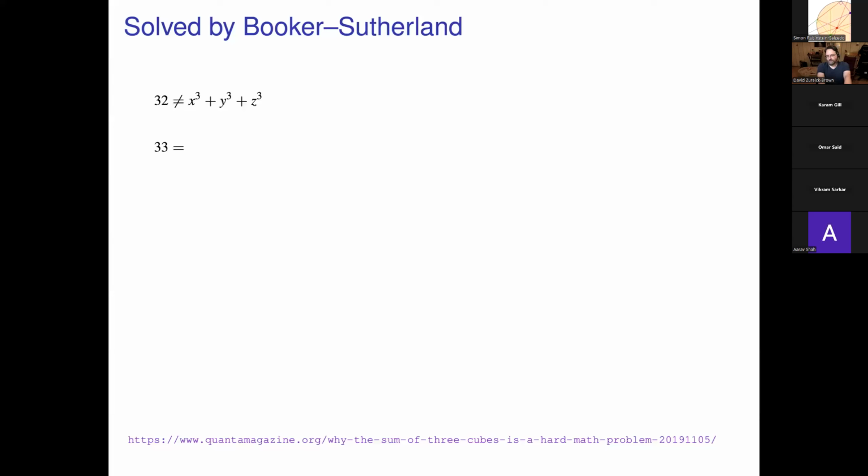And so he's able to do things like they set up a really highly optimized computation to show that the first solution to this equation, sum of three cubes is 33, is this gigantic beast. And it's an interesting mix of math and computation.